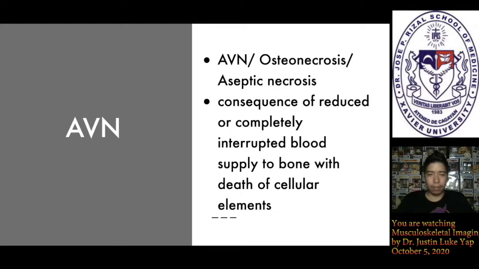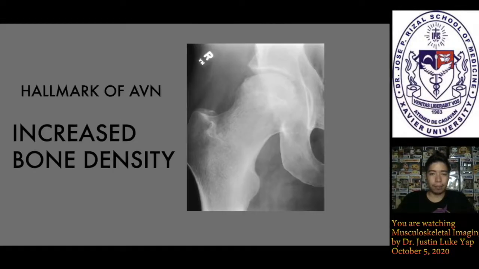In AVN, the earliest sign is joint effusion. That could manifest as soft tissue swelling or just a very subtle lucency. Sometimes it's not even seen, and we only see it in the follow-up radiograph. For example, in this case, the only finding that we have is patchy sclerosis in this area. That's not really very obvious.